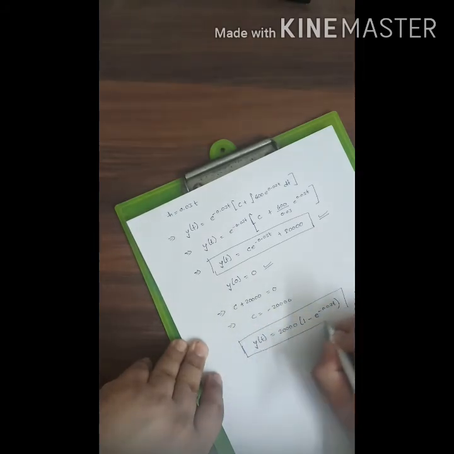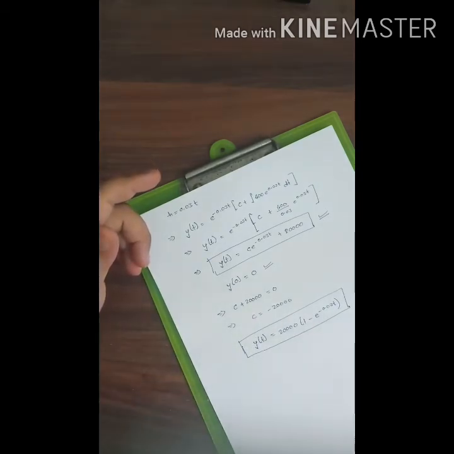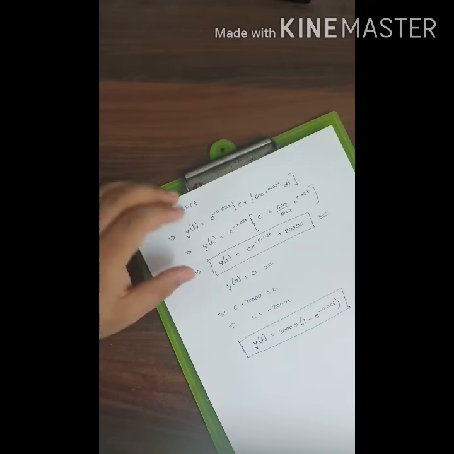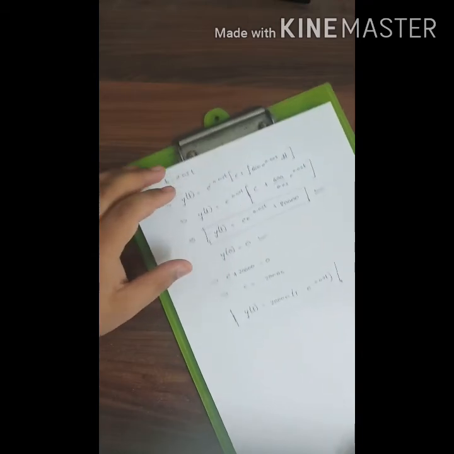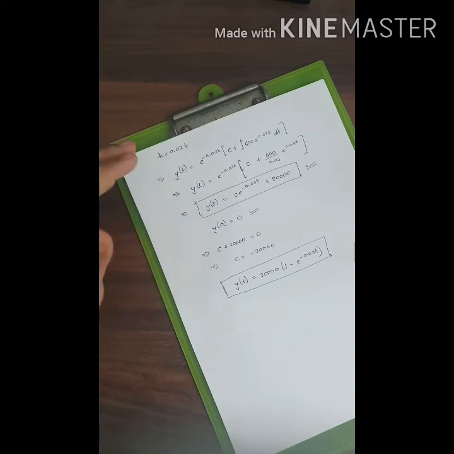This equation right here represents the amount of fresh air present at any moment t. Now, the question suggests that we need to find the time t at which 90% of the total air in the room would be fresh air.